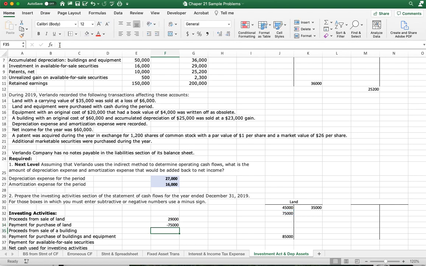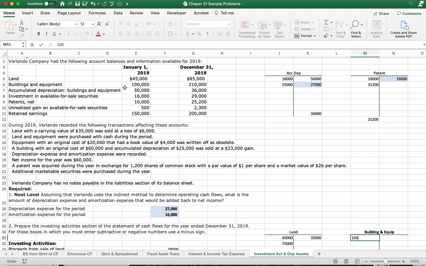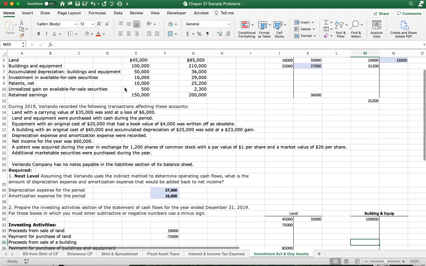Now we'll look at our proceeds for the building and equipment. And so again, we had a beginning balance of 100. We have an ending balance of 210.